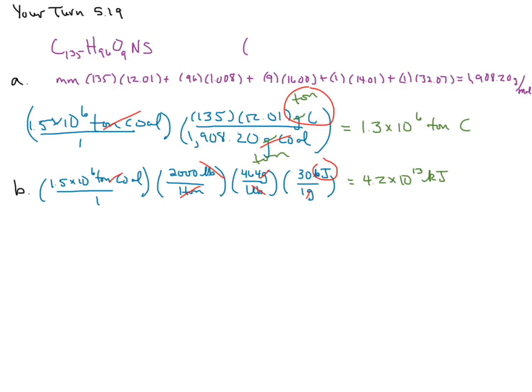And then the last one is what mass of CO2 will be released in this specific burning of 1.5 million, or 1.5 times 10 to the 6th tons of coal. So let's see. In order to work this, as a side, I worked out that the molar mass of carbon dioxide is 44.01 grams per mole.